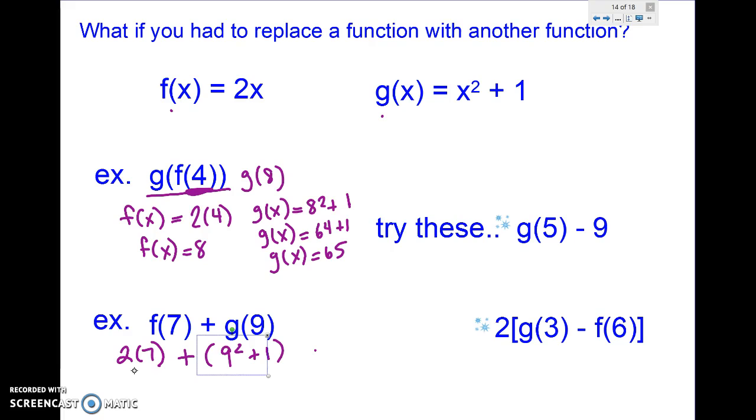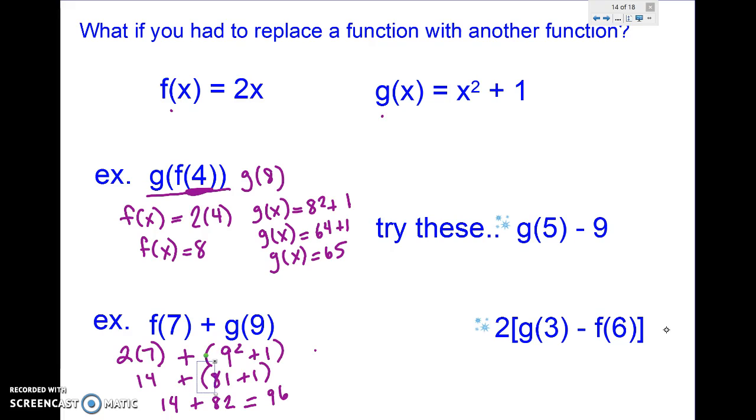Then I solve each one. 14 plus 9 squared, which is 81, plus 1. 14 plus 82, which gives me 96. So f of 7 plus g of 9 is 96.